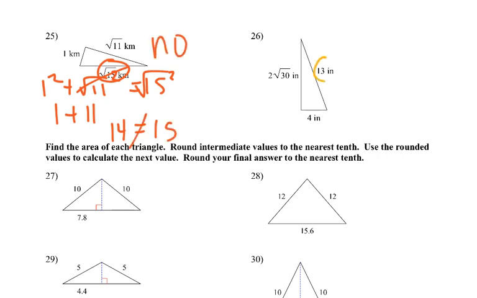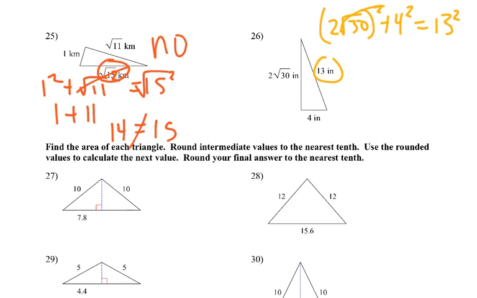26. 13 is going to be our biggest here. If you needed to, you could go square root of 30 and times that by 2. That just is about 10.95. So 2 square roots of 30 squared plus 4 squared, is that equal to 13 squared?